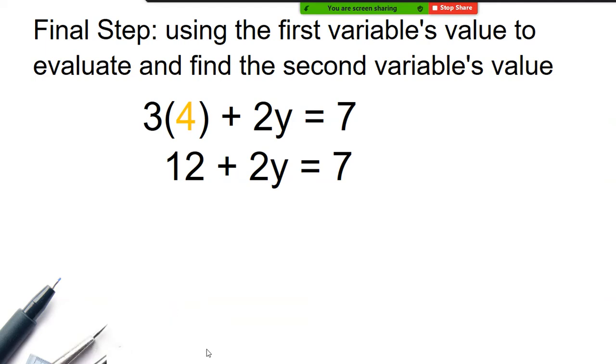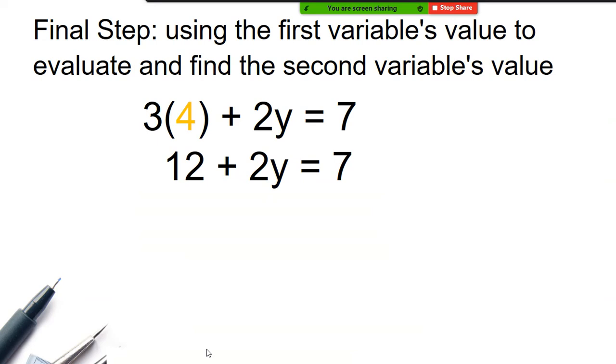So 12 plus 2y equals 7 is my equation. You should be writing this down right now. 12 plus 2y equals 7. Now, this is a normal two-step equation that you should have been able to solve in the 7th grade.